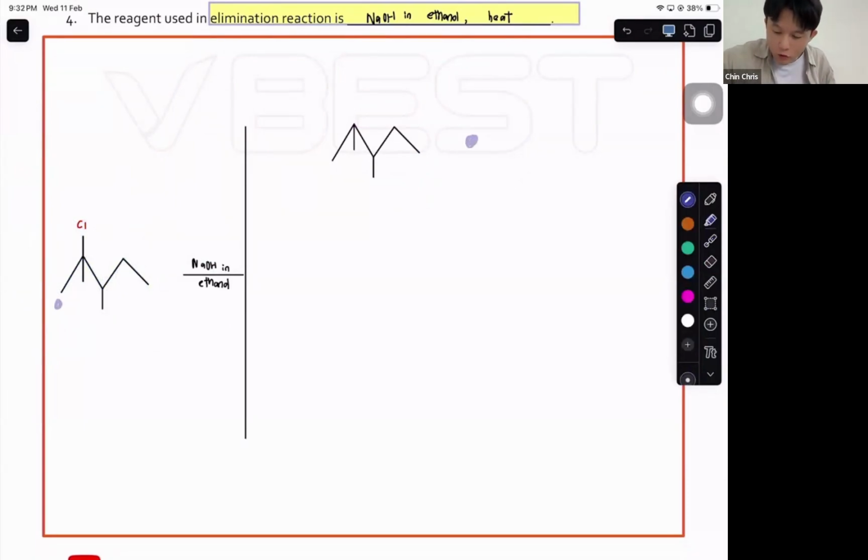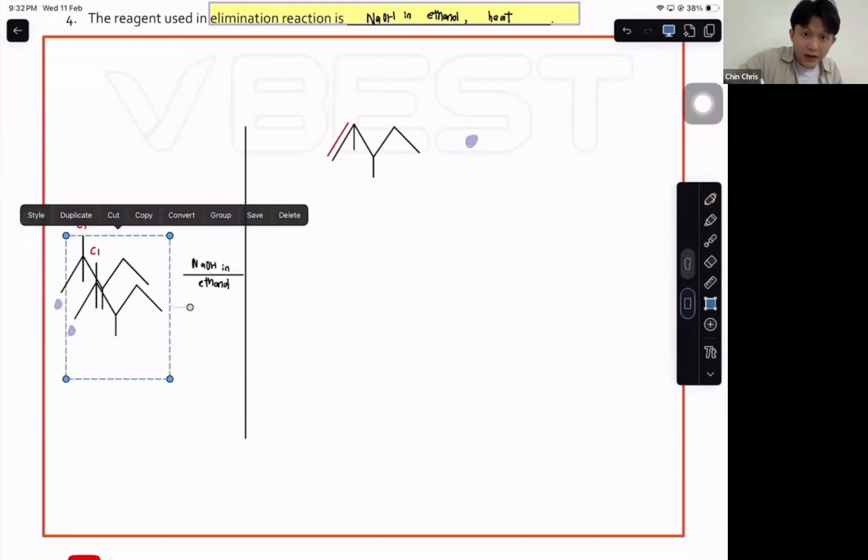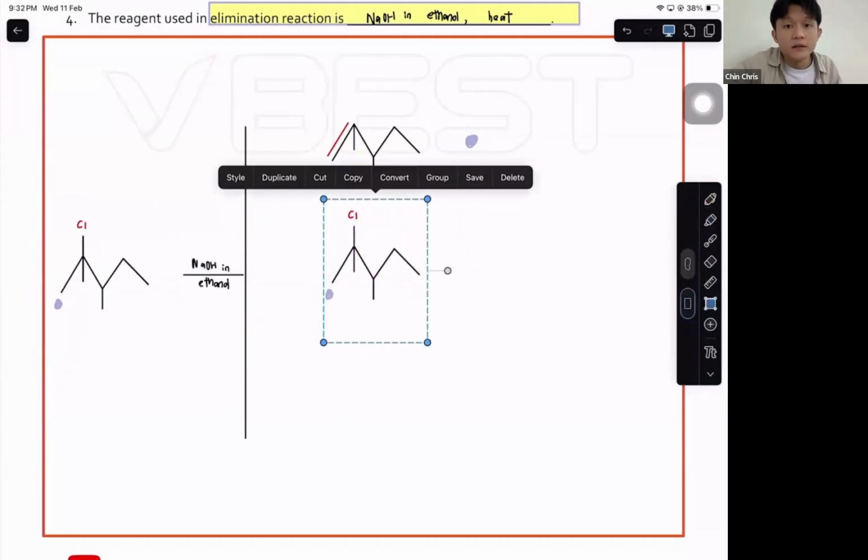So I remove Cl, no more. Bye-bye. And this CH3, I remove 1 hydrogen. So this is where my double bond is gonna be. First one. Correct.